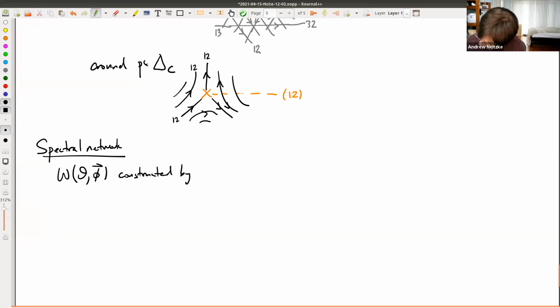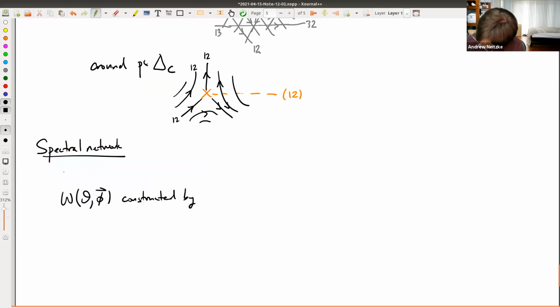Let's assume sigma has simple ramification, smooth and simple ramification. The spectral network is going to be some subset of the base, which is constructed by the following algorithm.